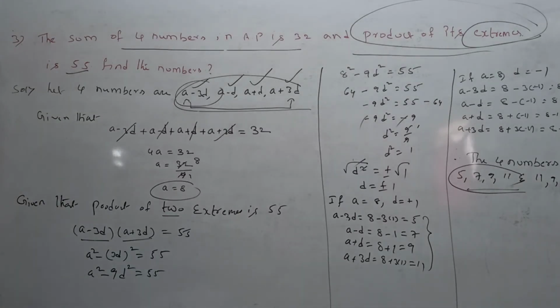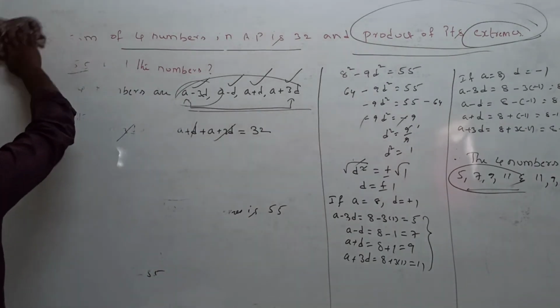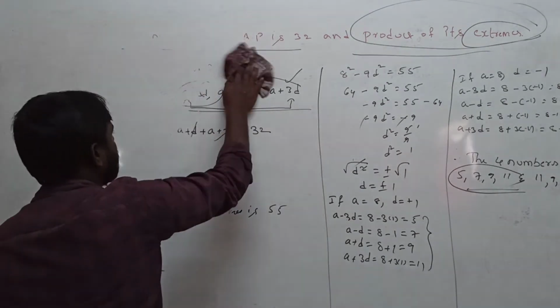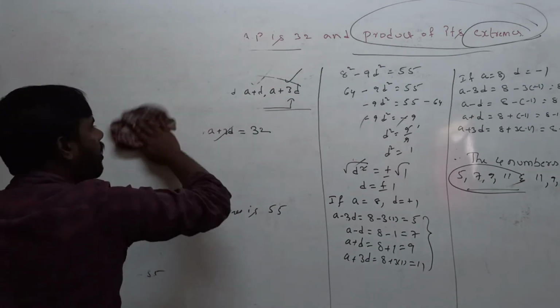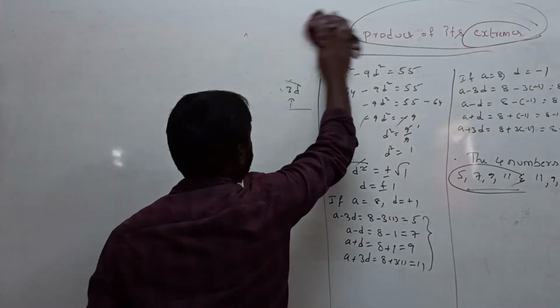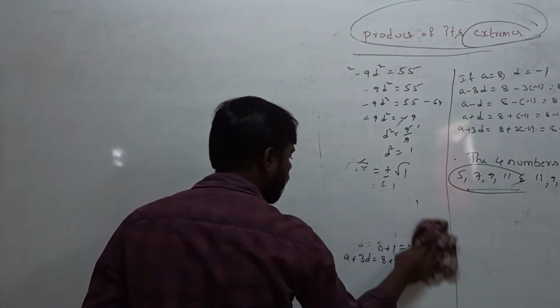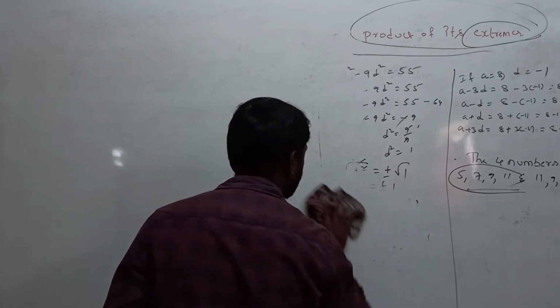So your understanding is clear? Next, the fourth question is very easy, only applying the note points. After that, only simplification. Next, they are not asking the sum of 5 numbers. That's why you should only practice the sum of 3 numbers in arithmetic progression. Next, the sum of 4 numbers in arithmetic progression.